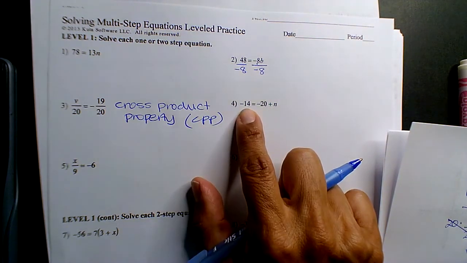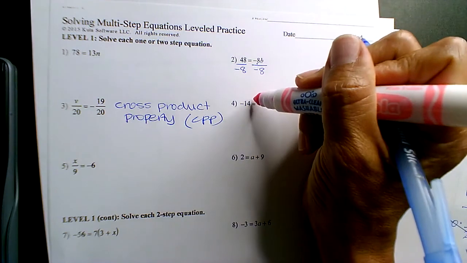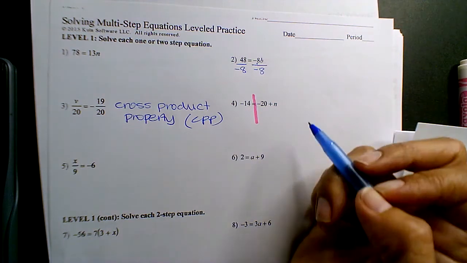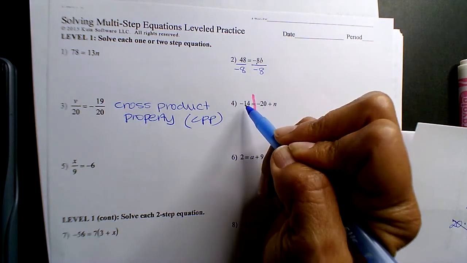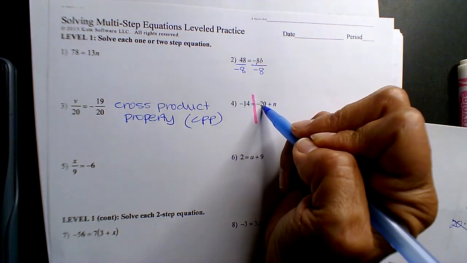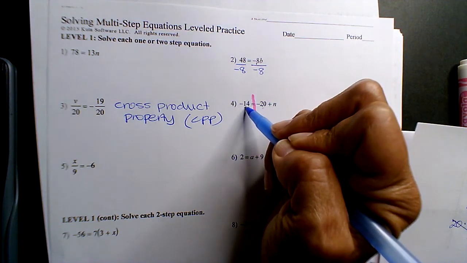All right, so for 14, you always want to know where your equal sign is, because that's going to tell you whether to inverse operate or combine like terms. Since I have negative 20 and that's a constant, and I have negative 14 and that's a constant, I want to take this negative 20 and combine it with the negative 14 constant.